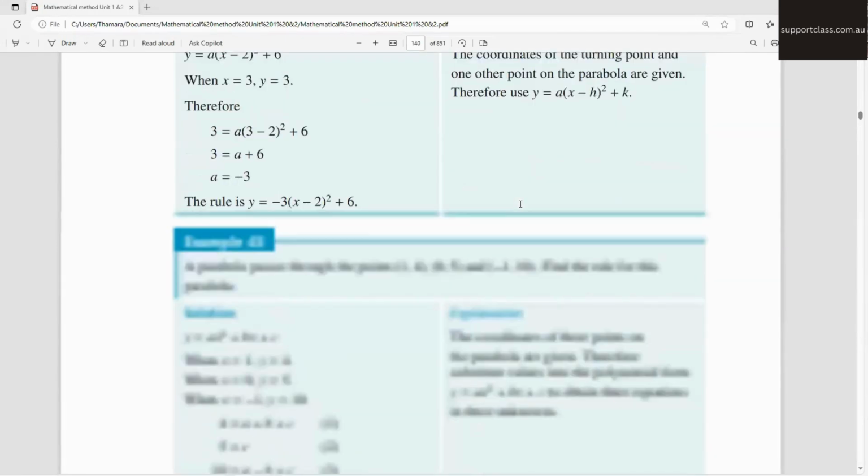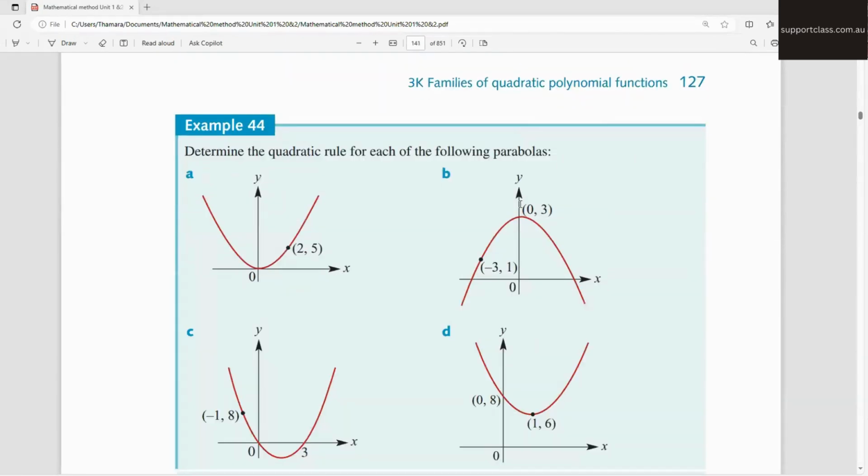In order to do that, I will direct you to this exercise. This book is the Cambridge Units 1 and 2 VCE book, which the majority of students use for the VCE exam.